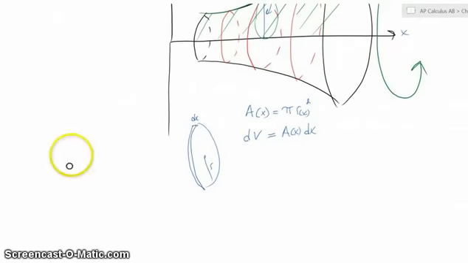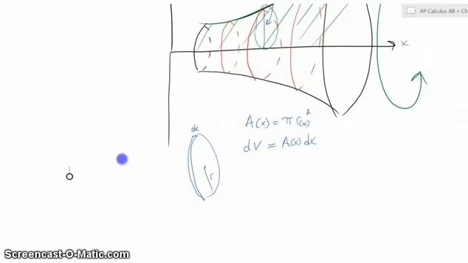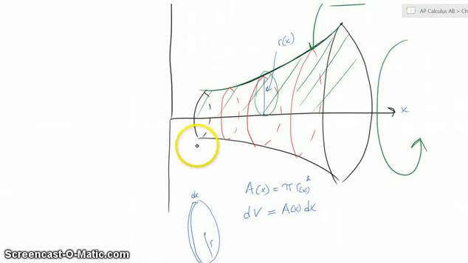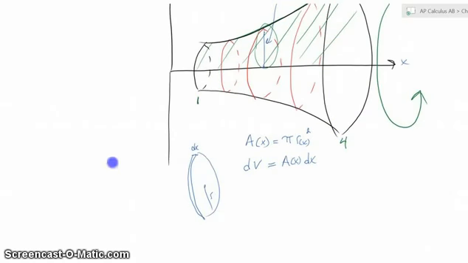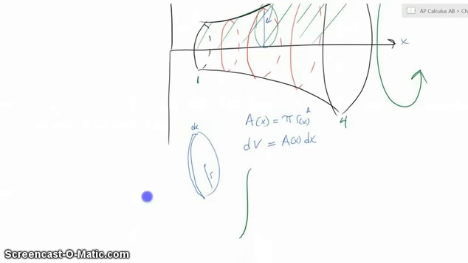So we can integrate this. And let's say that our bounds in this case are going to be from 1 to 4. And so we could integrate from 1 to 4. The volume is going to be given by the integral from 1 to 4 of our infinitesimal bit of volume, which is our area.